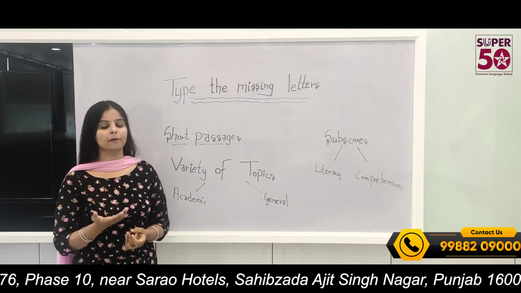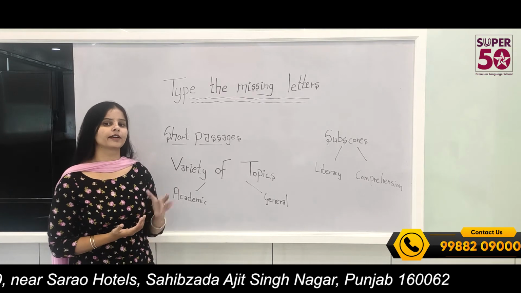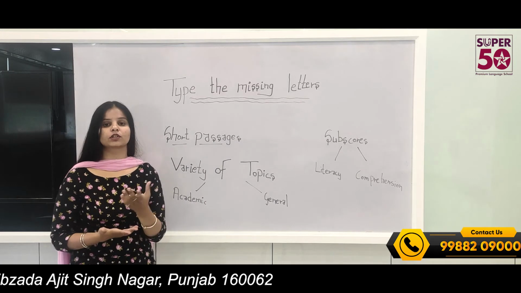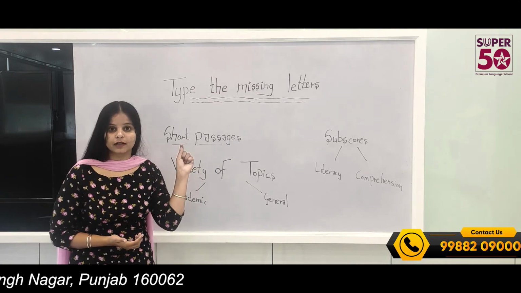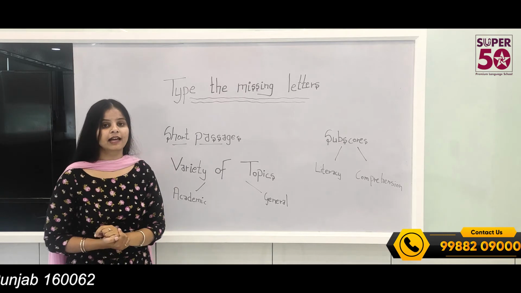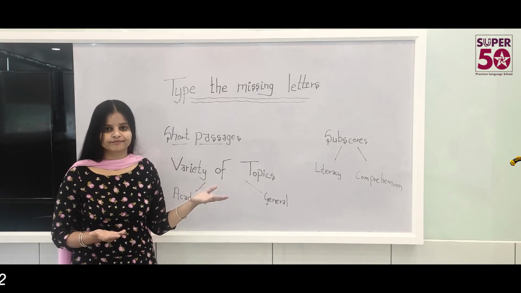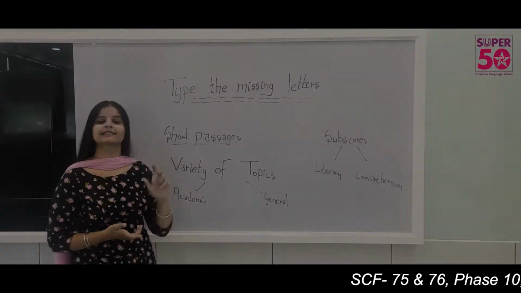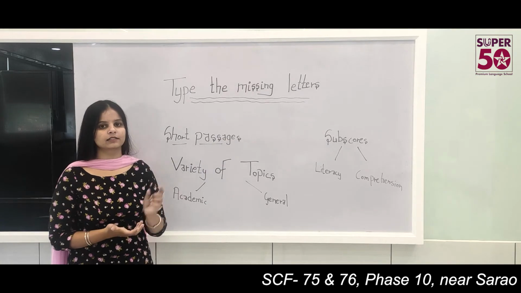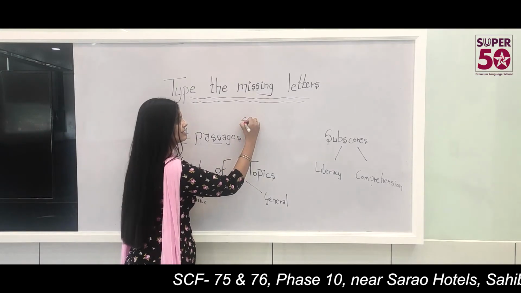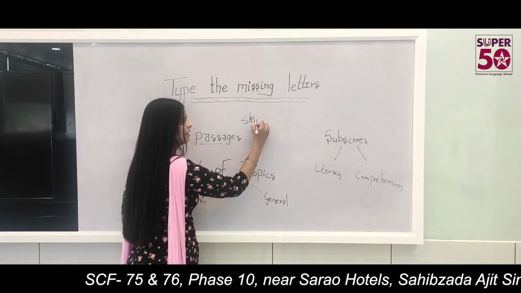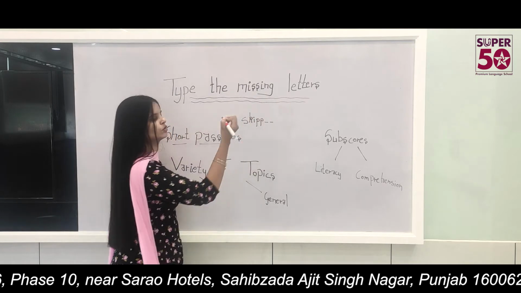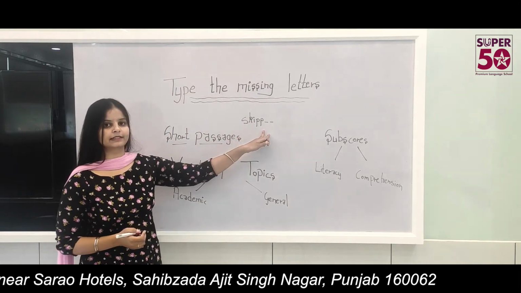You have to take help of grammar while doing your Duolingo English test, especially in type the missing letters, because there are some spaces, some letters that are missing, and those can be of tenses also. Like, "skipp" is written, and there are two blanks: SKIP and P. How do you fill this?